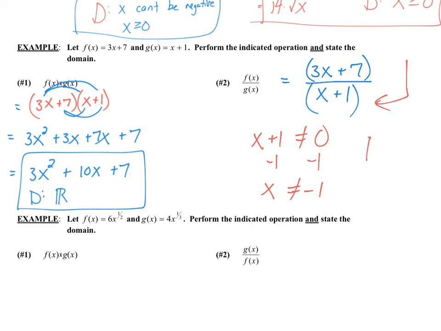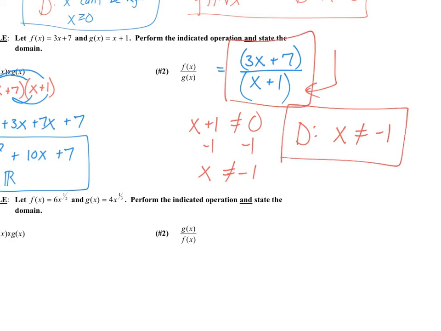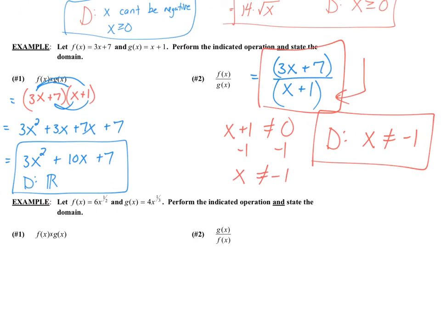So for our domain, we would say x cannot equal negative 1, and that would be our answer. We performed the operation and found the domain. Everything else is fine, just not negative 1.